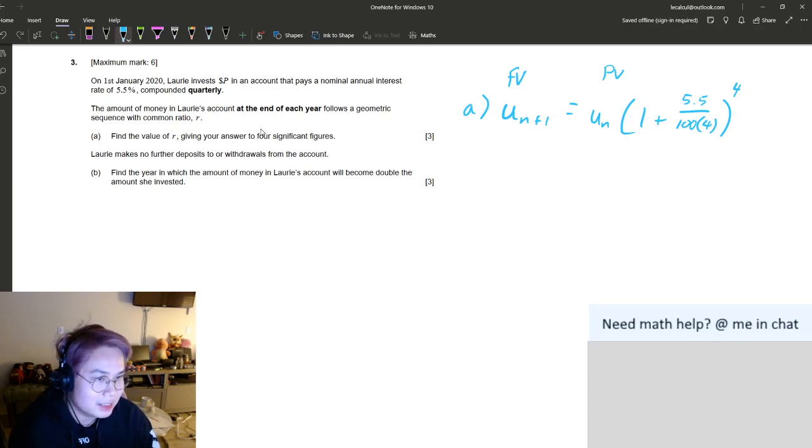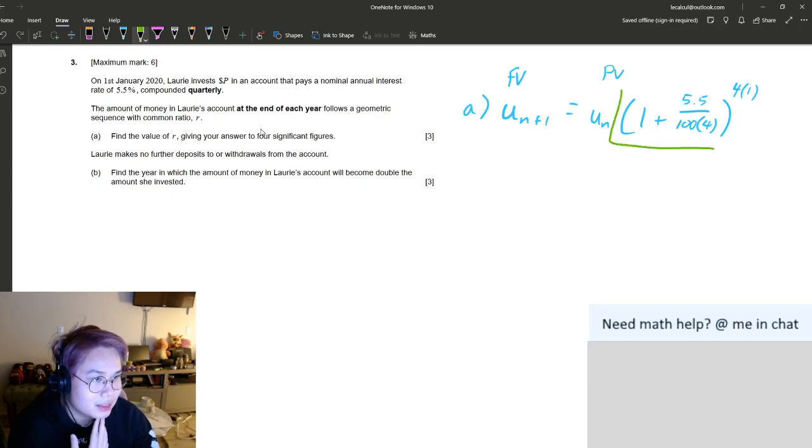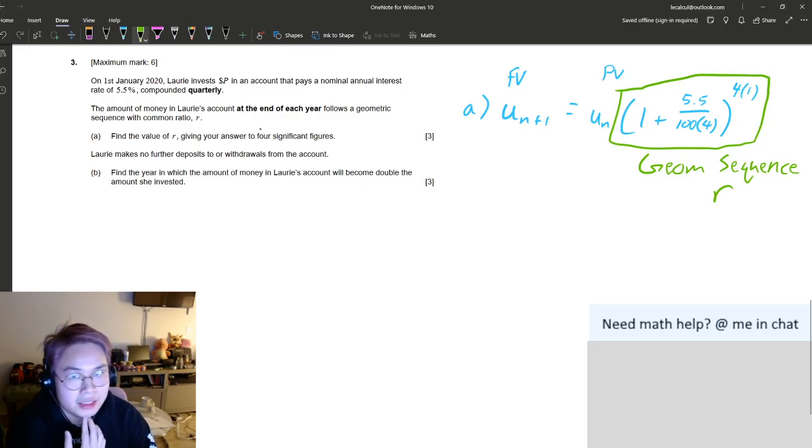This is the next year because it's n plus 1. So that means that 1 year has passed. So I'm going to multiply this by 4. So notice this is a geometric ratio where this term times this is the geometric ratio of r. Geometric sequence r, not the interest rate r. So this is what we need to find out.